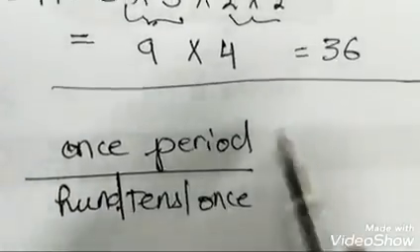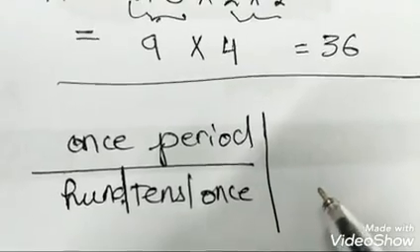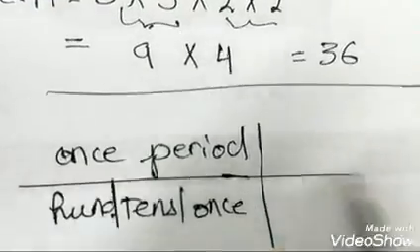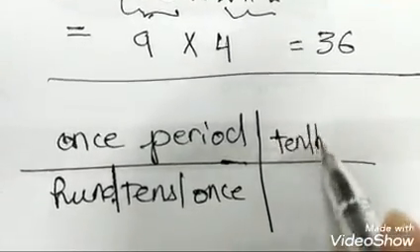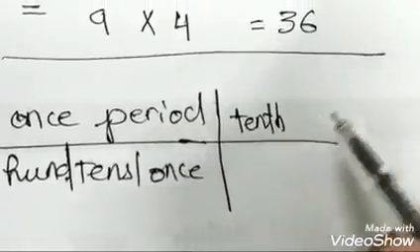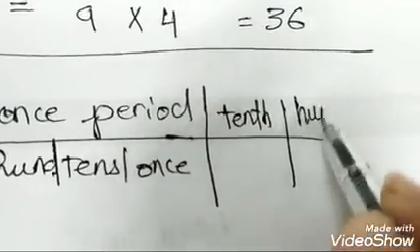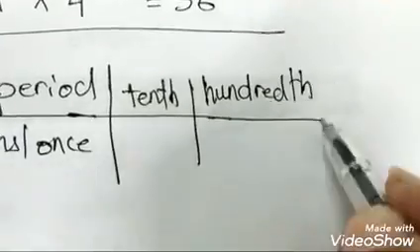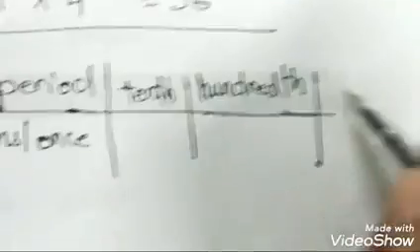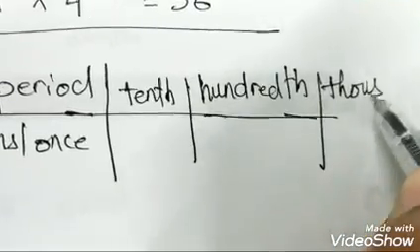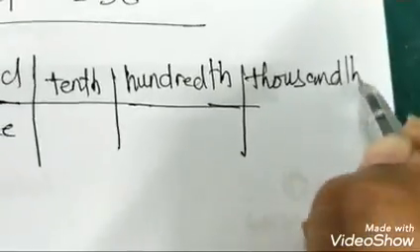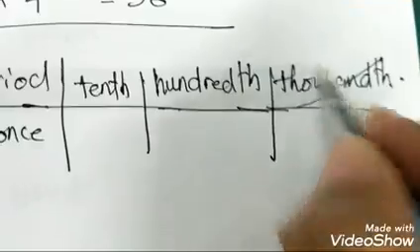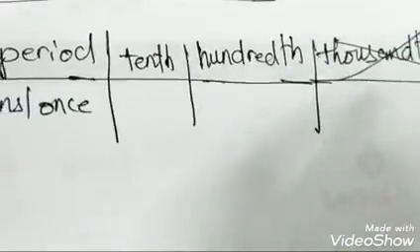If it's not a whole number, we will have here tenth with th, hundredth also with th. Then after this we will take the thousandth, up to 3 decimal places, but now we are not going to talk about it.